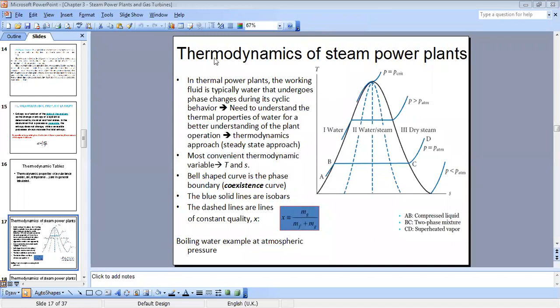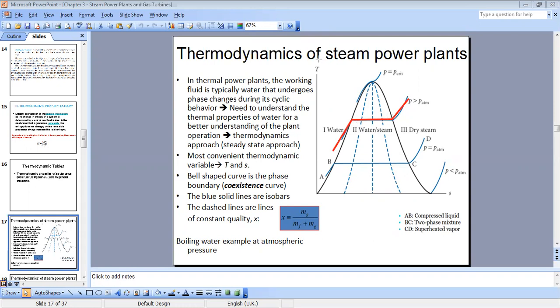Okay, so here in the TS diagram, you have lines of constant pressures. So these are the lines of constant pressure. And you can see that inside the dome here, constant temperature and constant pressure take place at the same time.